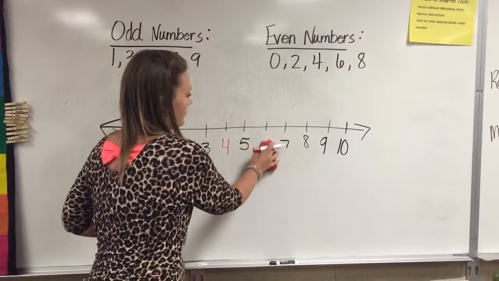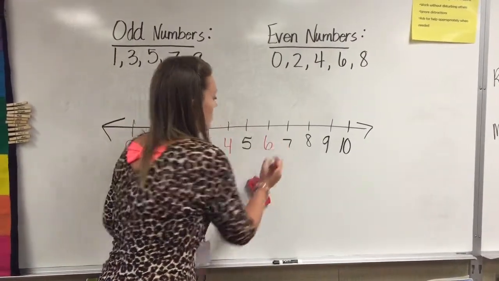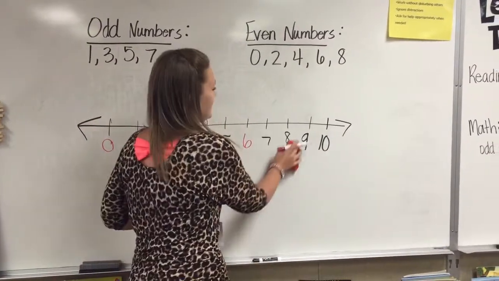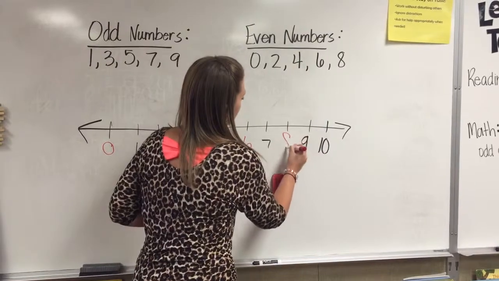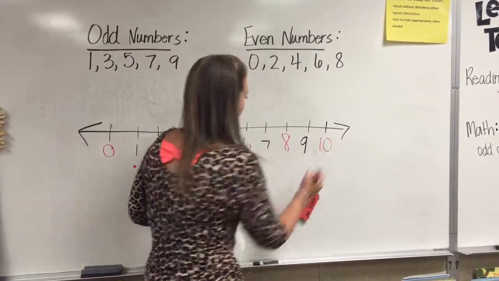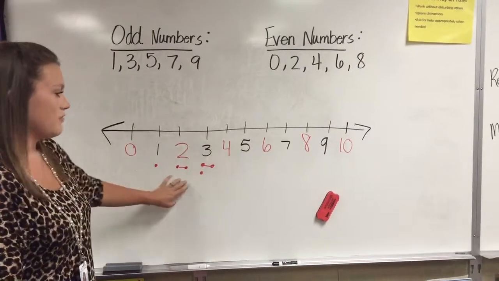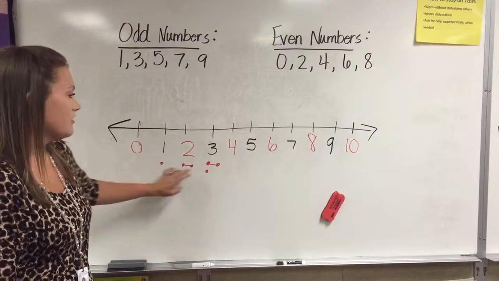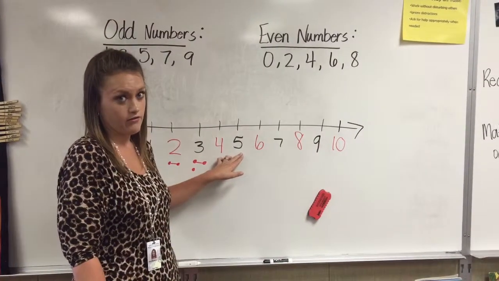There's a pattern that if you count by 2s, your numbers are always even. So we're going to change our 8 and our 10, and those are our even numbers. Now, our odd numbers are in black. They have no partner.